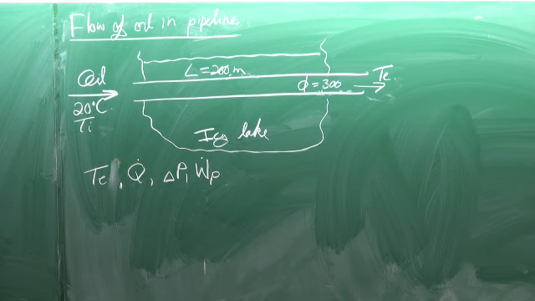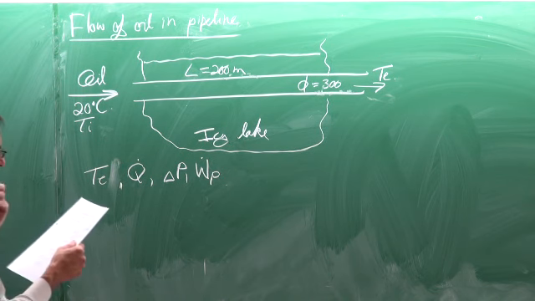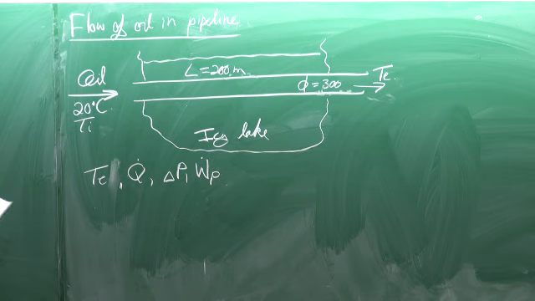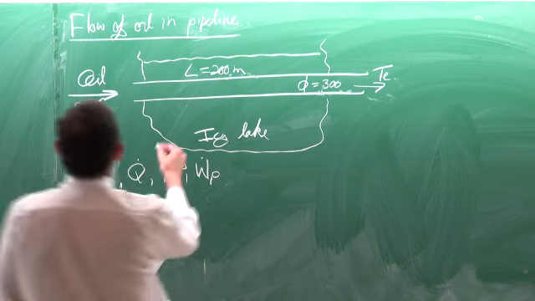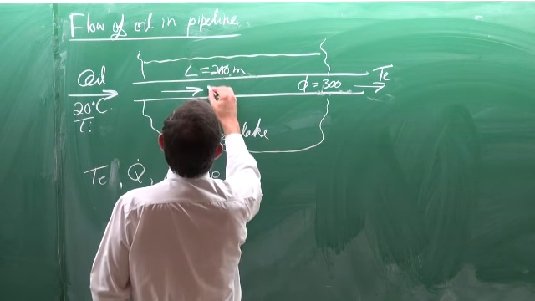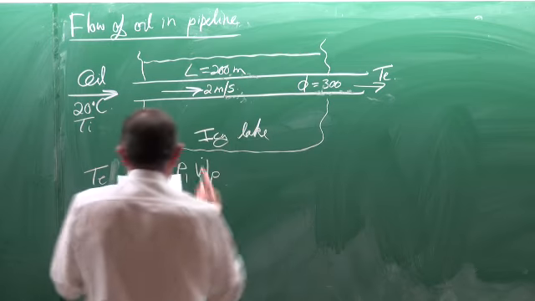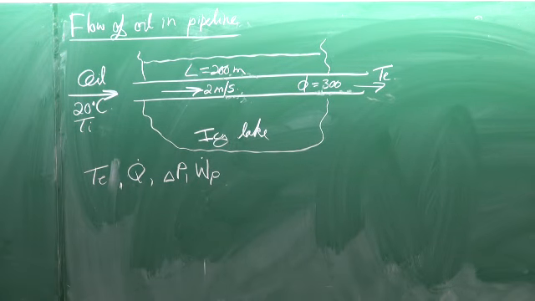So we're pumping oil at 20 degrees Celsius through that pipe. And I think, if I'm not mistaken, they also give us the velocity, which is 2 meters per second. We will check a little bit later. Yes, velocity 2 meters per second.